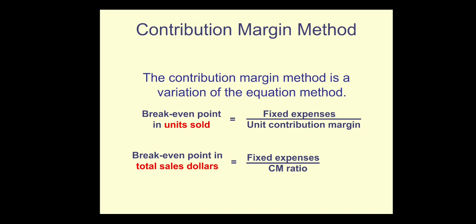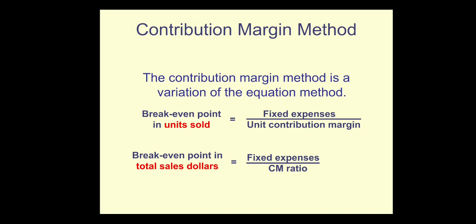This is the third method that can be used to calculate break-even point. I think this is the easiest method among the three. You just have to memorize the formula. So this is the formula.